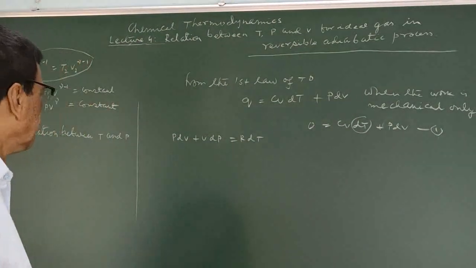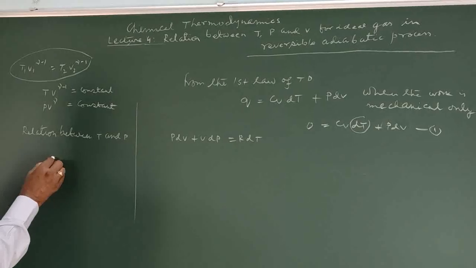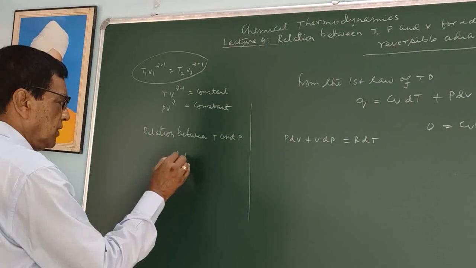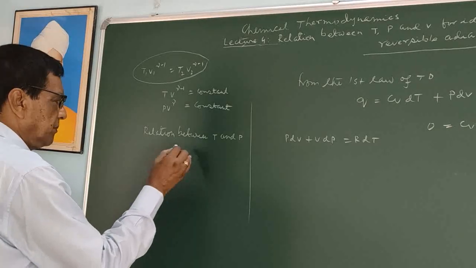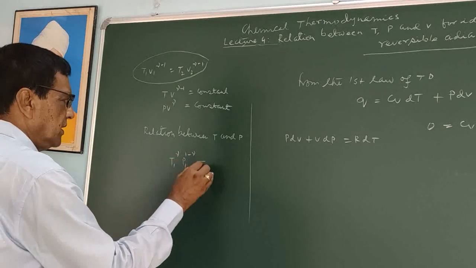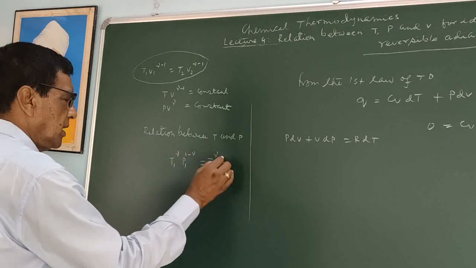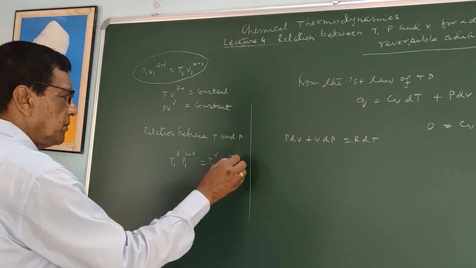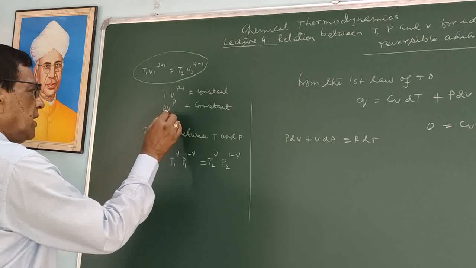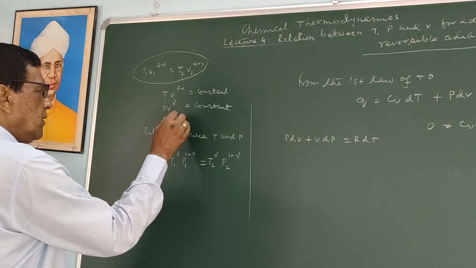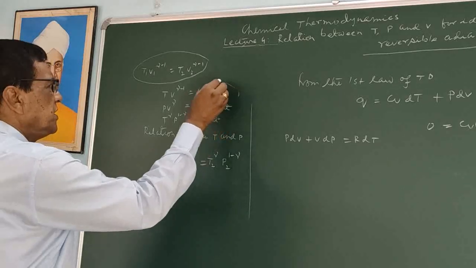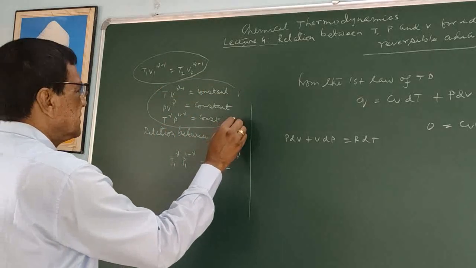These relations will give T1 to the power gamma and P1 to the power 1 minus gamma equal to T2 to the power gamma and P2 to the power 1 minus gamma, or I can write T to the power gamma and P to the power 1 minus gamma is equal to constant. So these are the three relations.